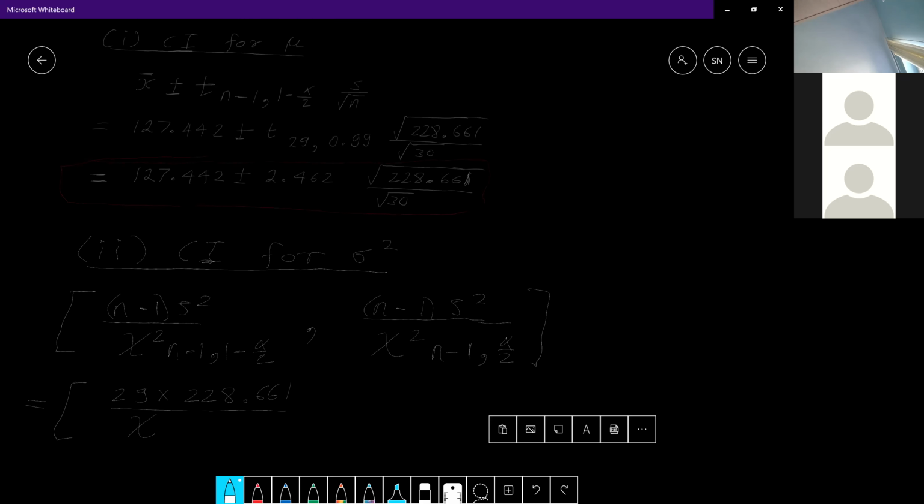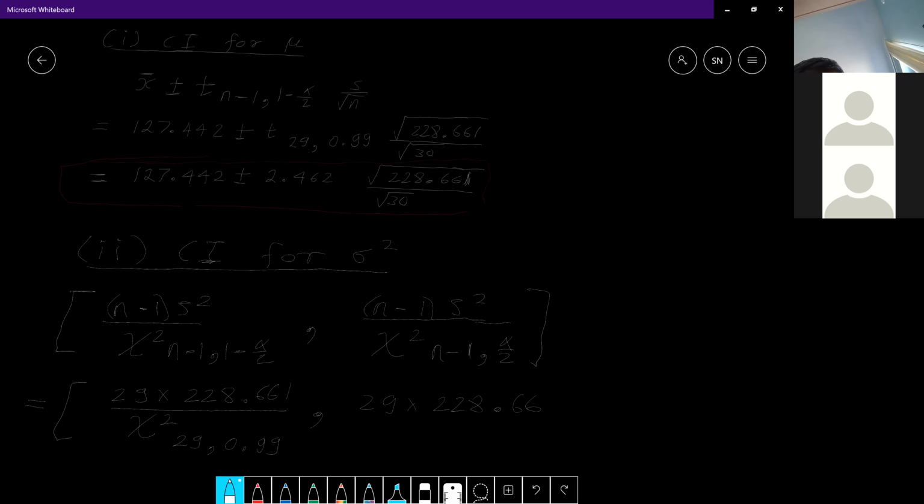It's chi-squared with n minus 1 equal to 29 and alpha equal to 0.02, so this is 0.99. And then you have the same thing, 29 multiplied by 228.661 divided by chi-squared 29, 0.01.